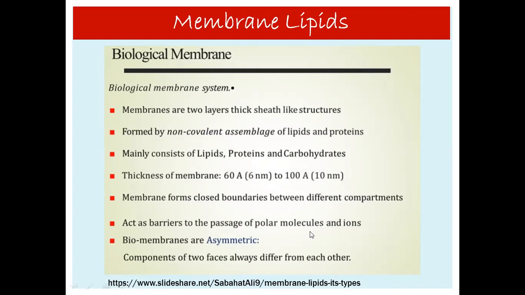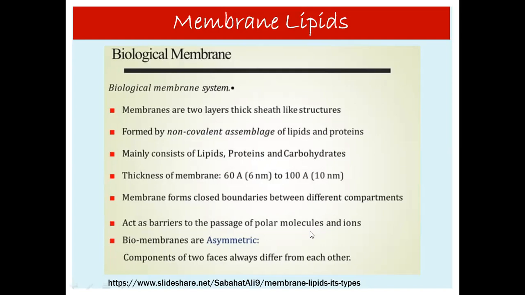Next, biomembranes are asymmetric. That means the components of the two faces always differ from each other. Although it is a two-layer thick sheet-like structure, the two layers are chemically asymmetric.